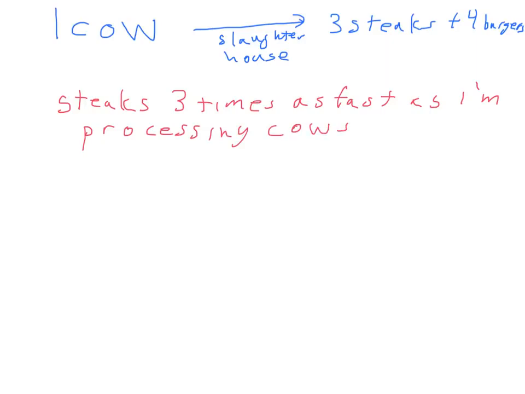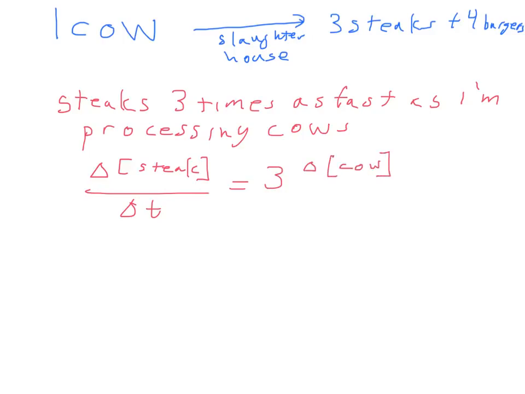If I was to write this in terms of a delta equation, I would say that my change in steak concentration per unit of time is 3 times the change in my cow population per unit of time.